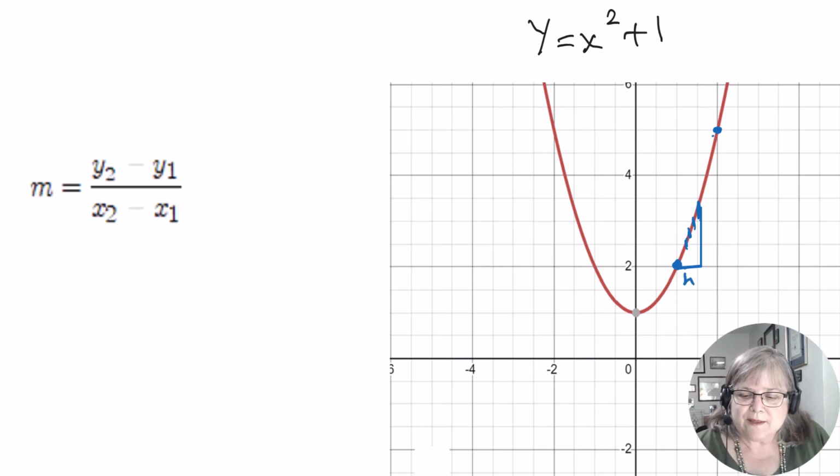So whatever that distance is from here to here, we're going to call that h. So this is x. You can think of it as x1 or just some generic x. And this distance over to here would be whatever your original x was plus some distance over, right?